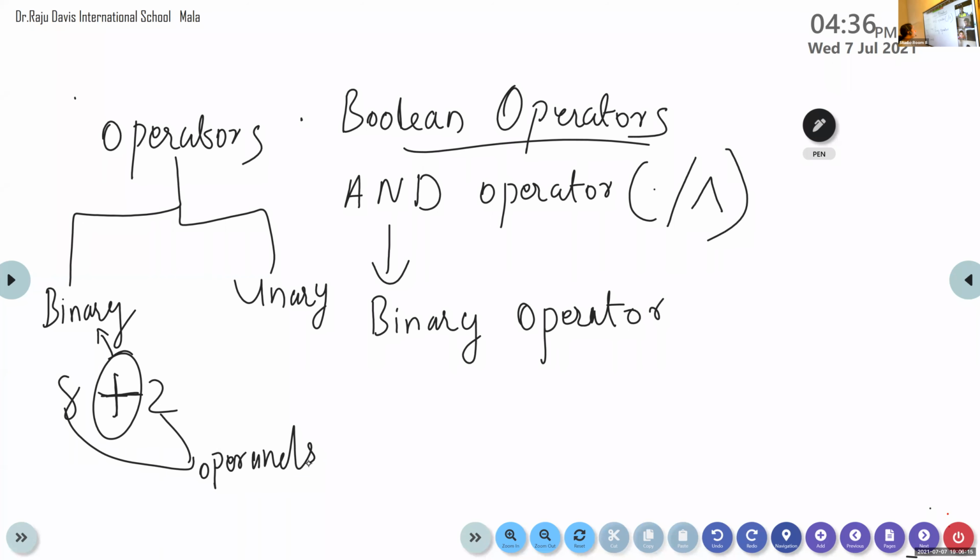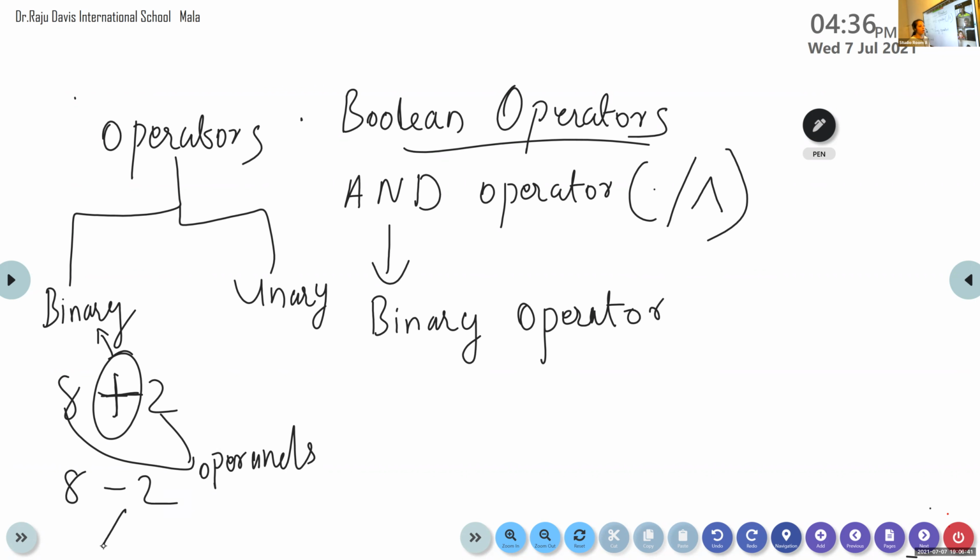Minus is another binary operator. Why? We need minimum two operands for the subtraction operation. So 8 minus 2, minus is another binary operator. What about division?